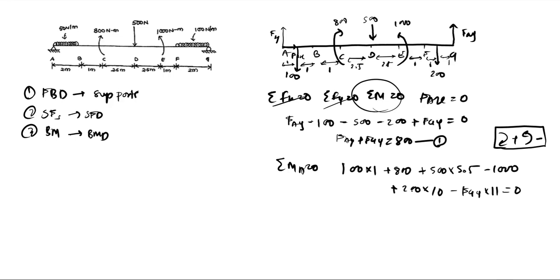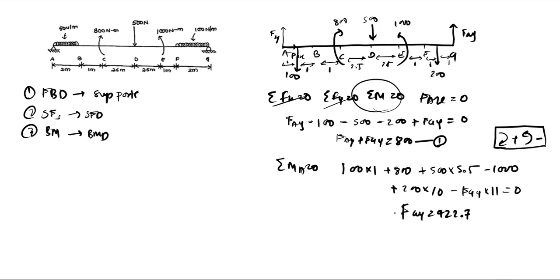So 900 plus 500 into 5.5 minus 1000 plus 2000, divided by 11, we have 422.7. So FGY becomes 422.7.